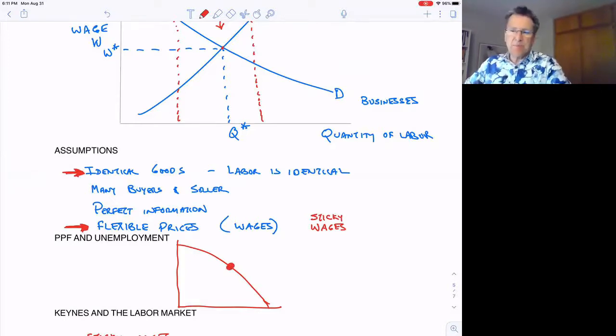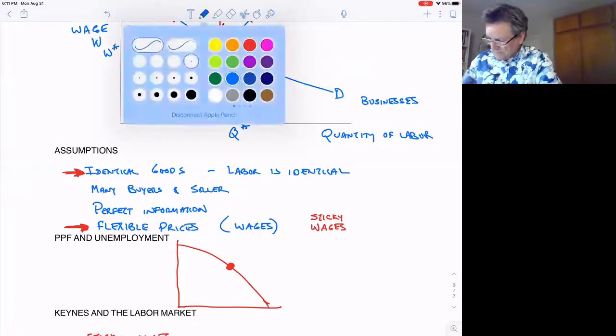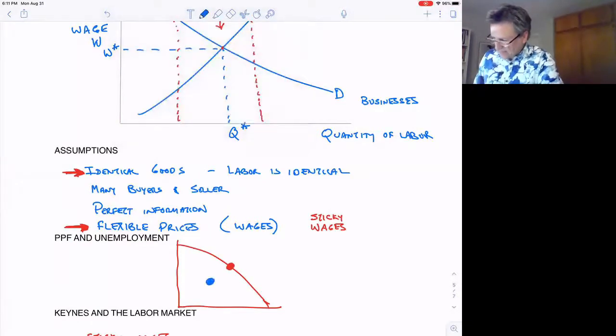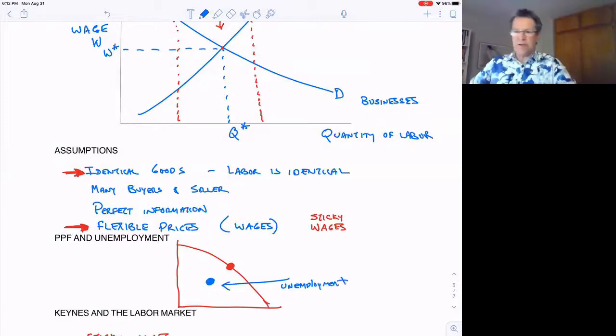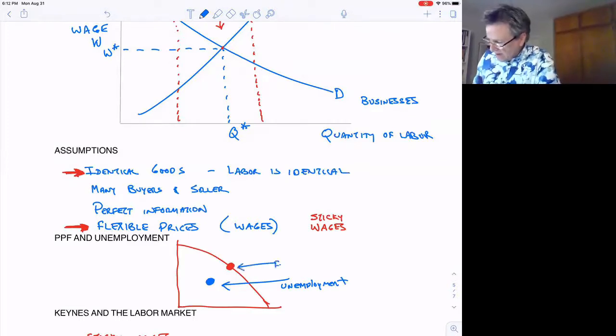But if there's unemployment in the economy, then that means we're inside of the PPF. So this has some unemployment, which means that our output, it's certainly possible, but it's not an efficient place to be. Full employment is right here on the edge of the PPF.